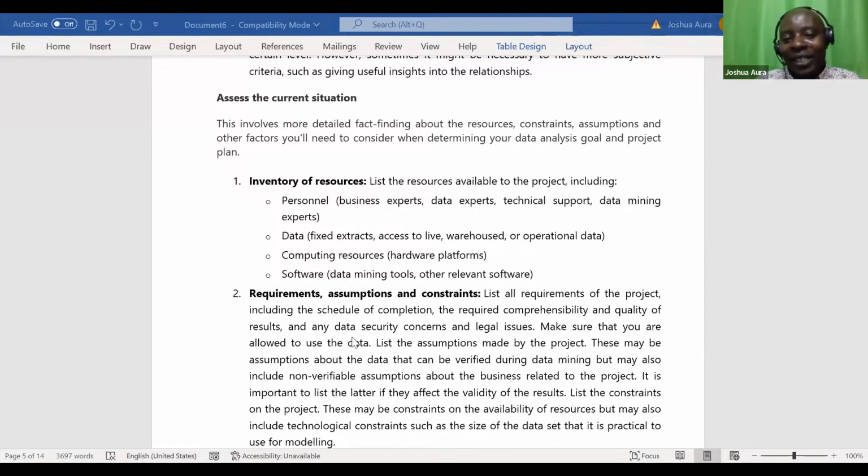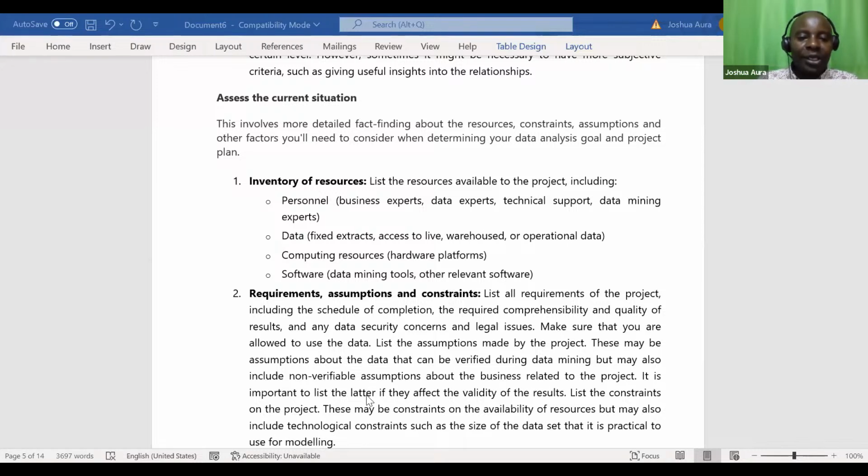Comprehensibility and the quality of the results, and any data security concerns and legal issues. Make sure that you are allowed to use the data, because you may extract data that you can't use outside there. List the assumptions made by the project. These may be assumptions about the data that can be verified during data mining, but may also include non-verifiable assumptions about the business related to the project.